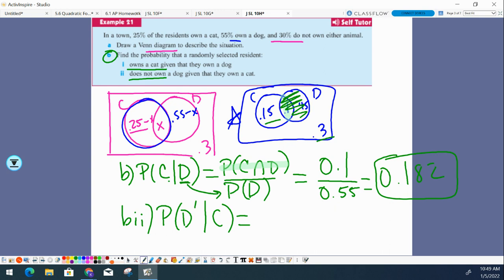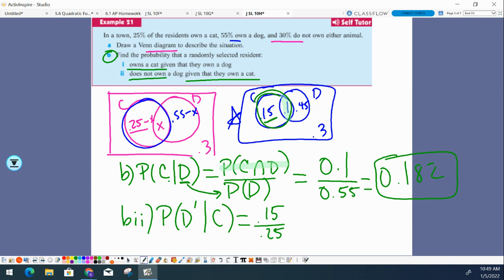So actually we can think of this differently. How about if we do this? Given that they own a cat, it has to be in this circle somewhere. That they don't own a dog is just right here. So 0.15, own a cat but they don't own a dog.